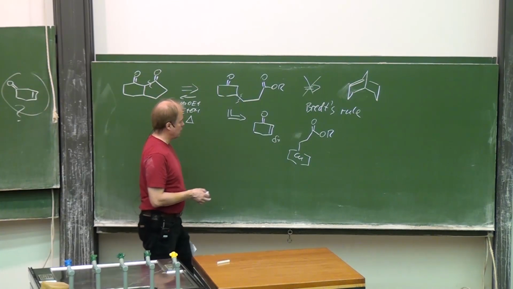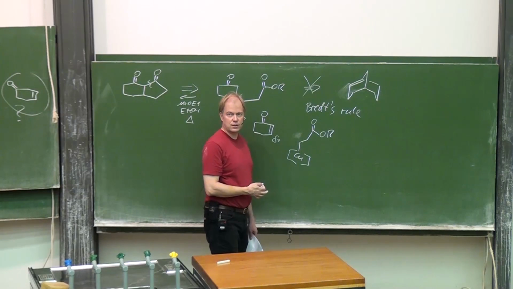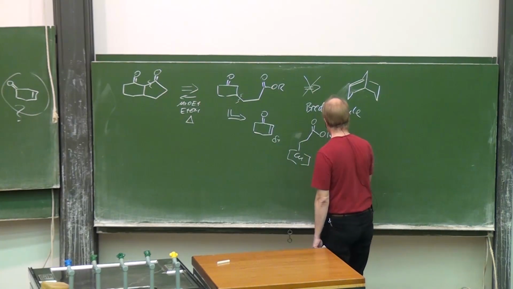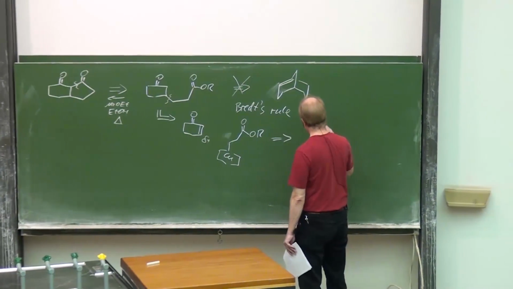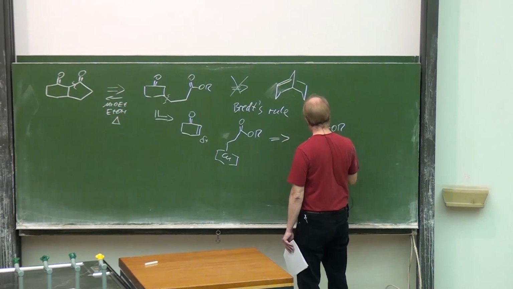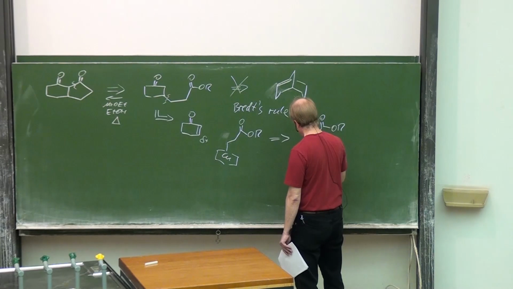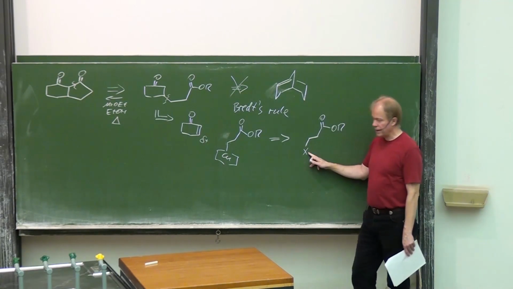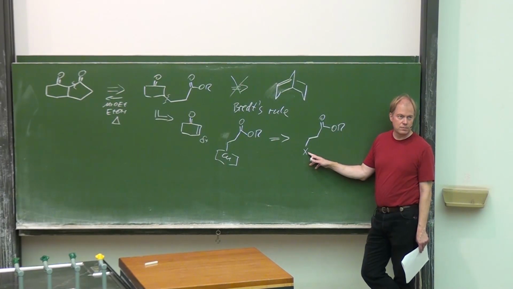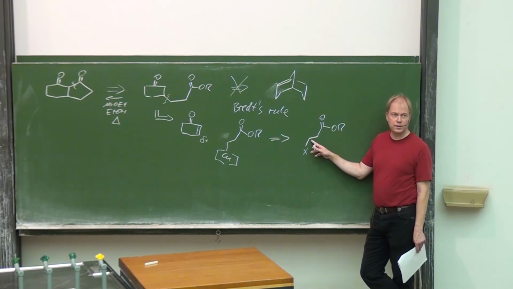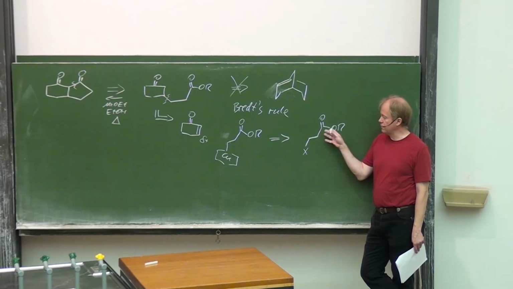However, the problem is, how do we get that cuprate? It's not easy to set that up. Why? Well, metallation of a halide in that position is a problem, since instead of metallating here, you will normally observe an elimination reaction here, because the metallated species is basic and will then react with the next molecule of that kind.